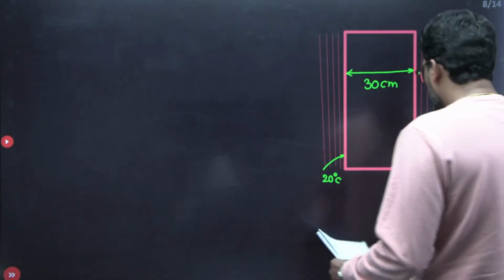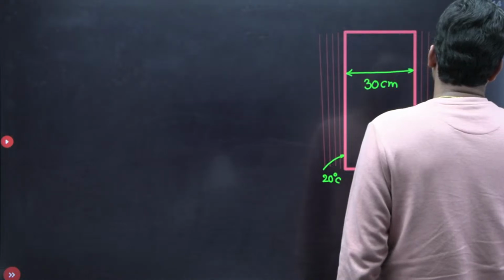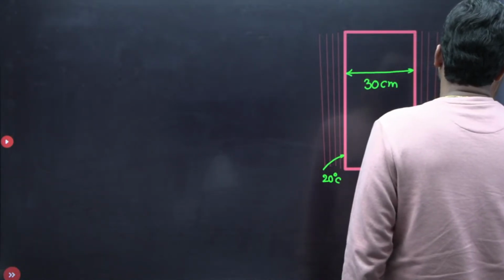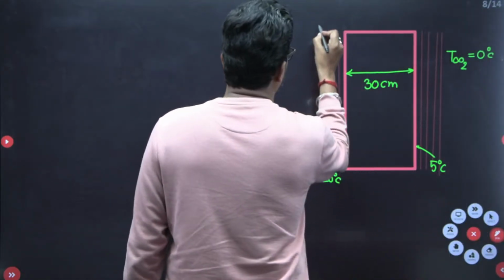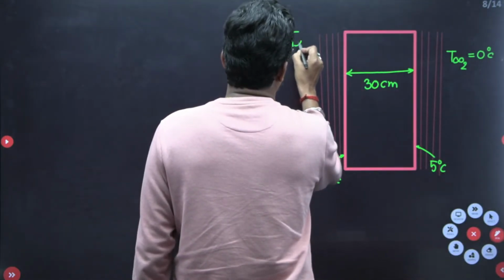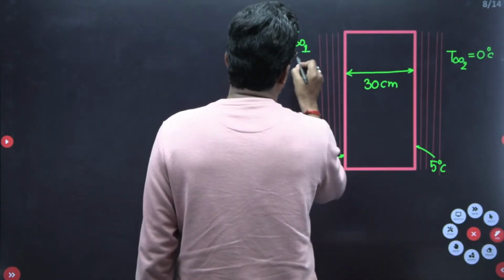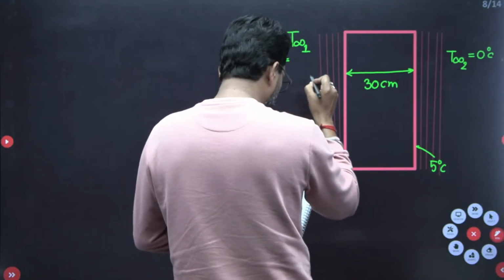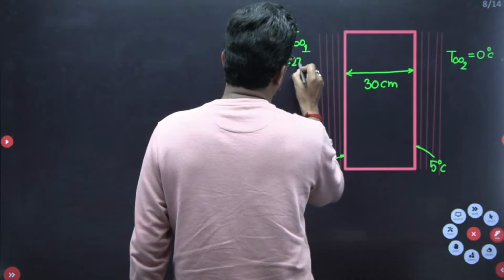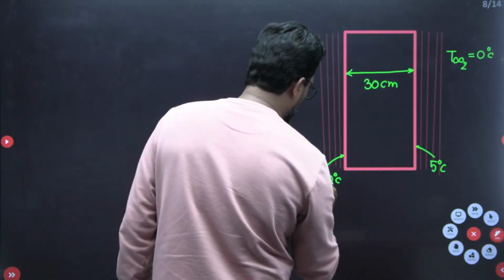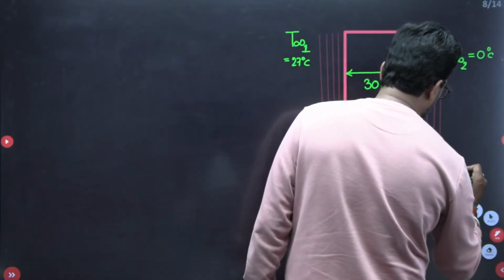This is your T infinity 2 outside, given as 0 degrees centigrade, and this is your T infinity 1, which is given as 27 degrees centigrade. Let's suppose this is your T1 wall temperature, and this is your T2 temperature.